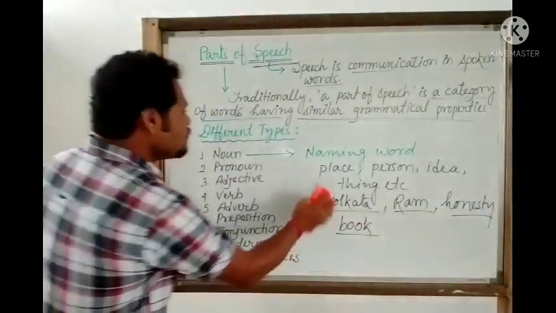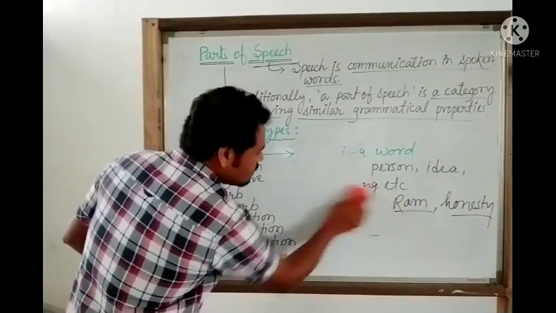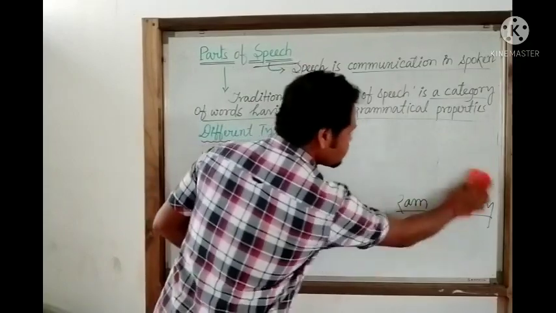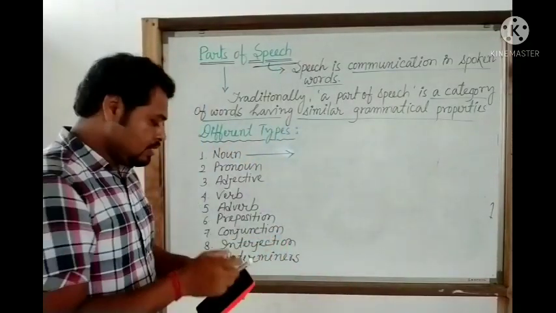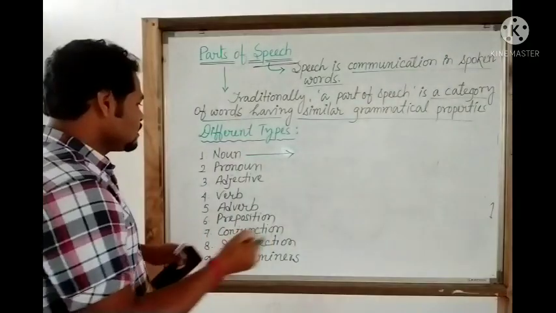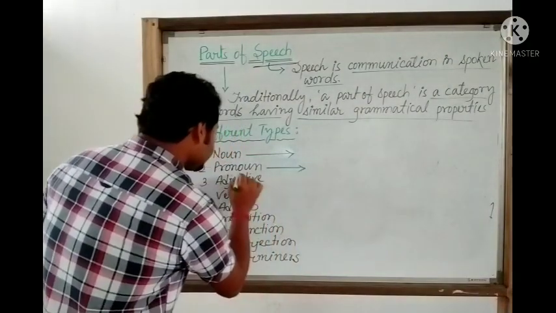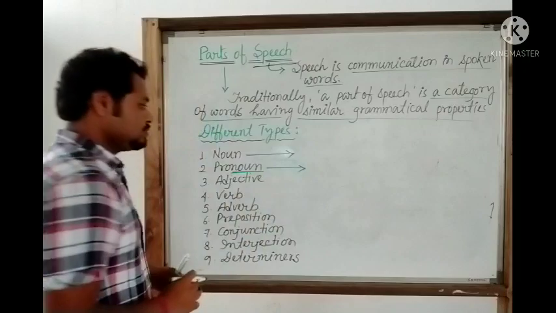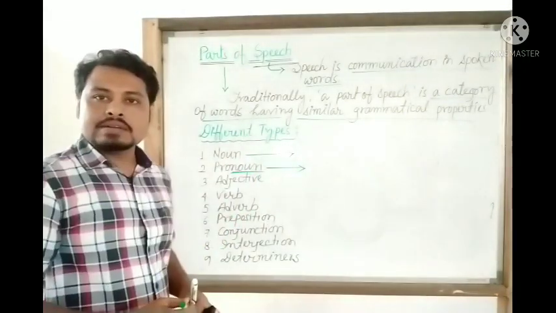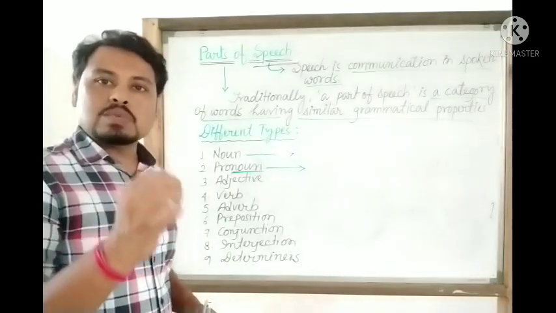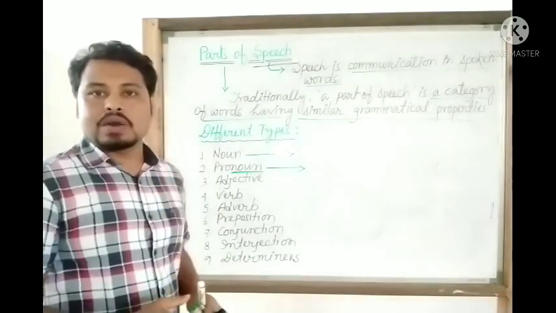So after noun we have the second in our list, that is a pronoun. Now you see, in pronoun we have this noun. So noun we have seen is a naming word. Now pronoun is a word that replaces a noun.